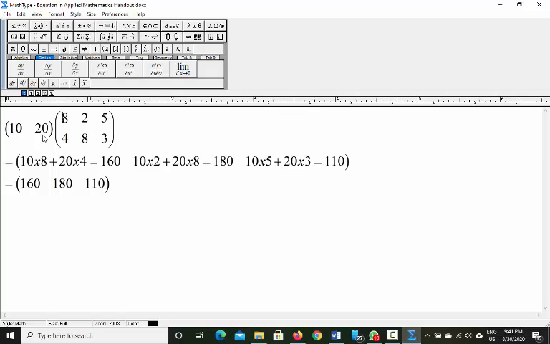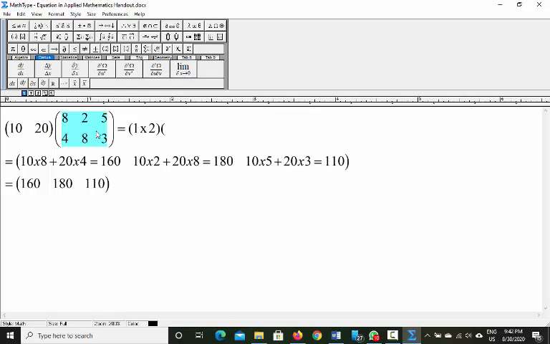Now if we multiply these, what will we get? First of all, let us identify the dimensions. In this first matrix, we have only one row and two columns.